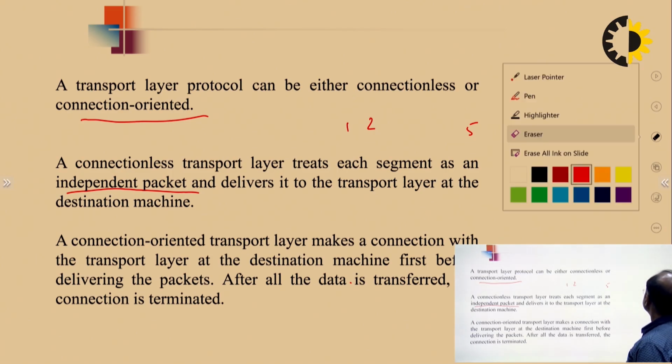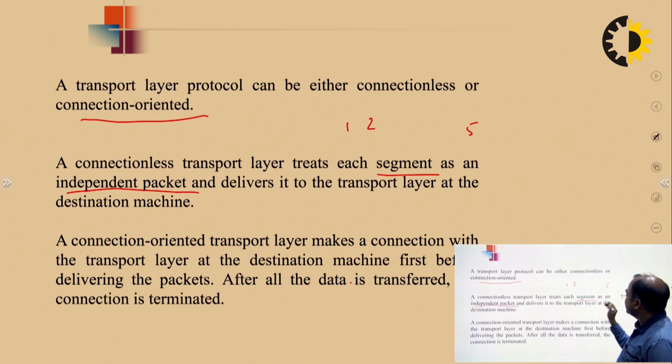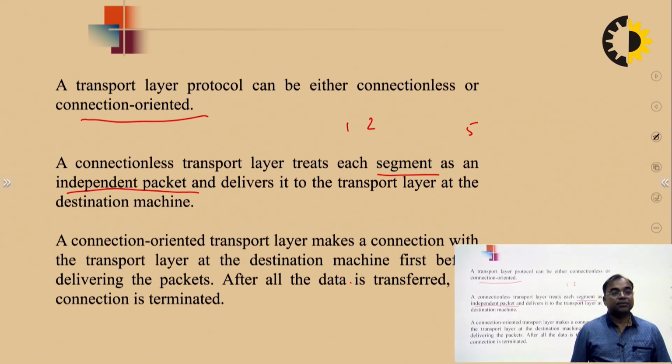All these segments are sent over the network as independent packets, they reach the destination independently, and then they merge there and form the data. This is a connectionless transport protocol.